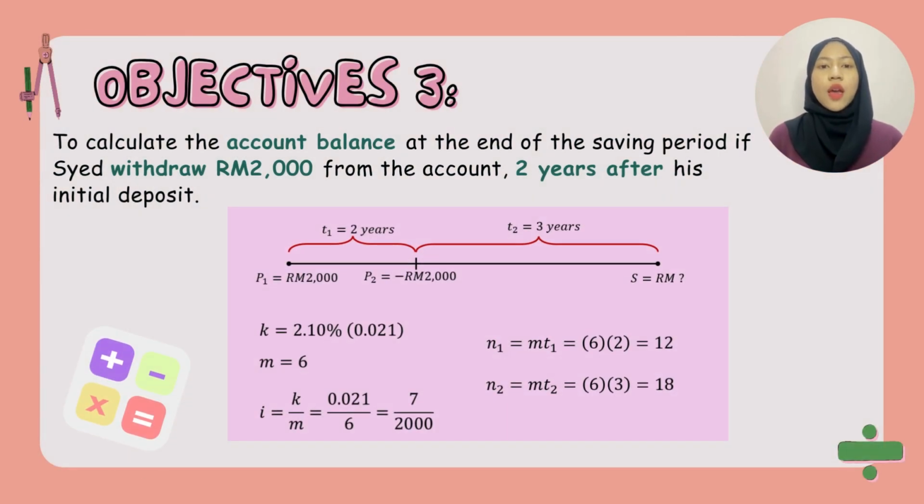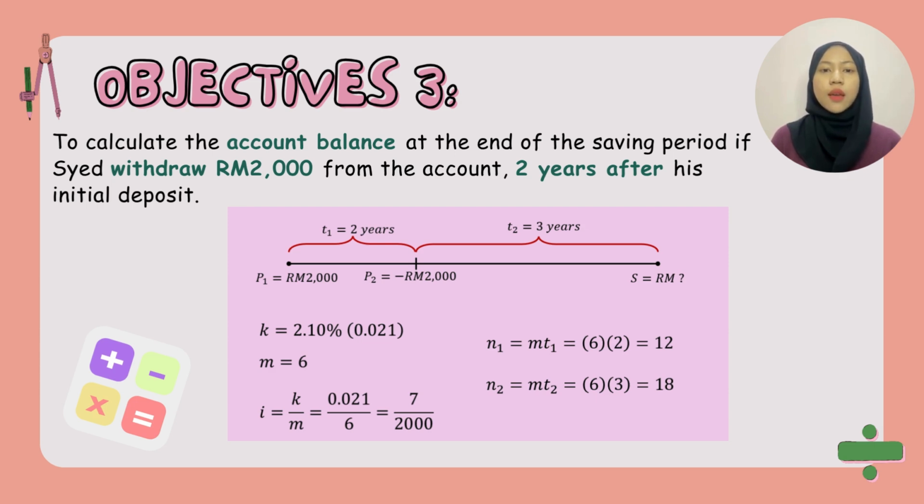Objective 3. To calculate the account balance at the end of the saving period if Syed withdraws another RM2000 from his account 2 years after his initial deposit. P1 equals RM2000 and P2 is the withdrawal of RM2000. K is equal to 2.10%, which equals 0.021.